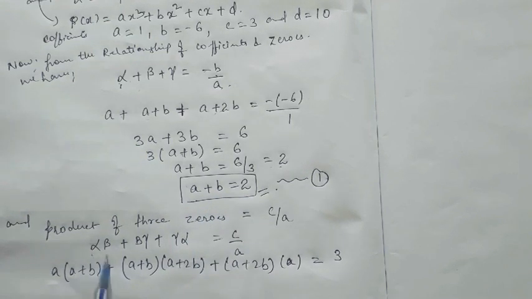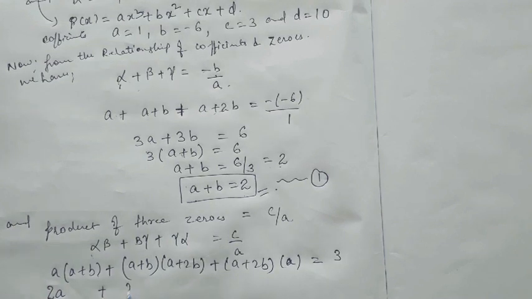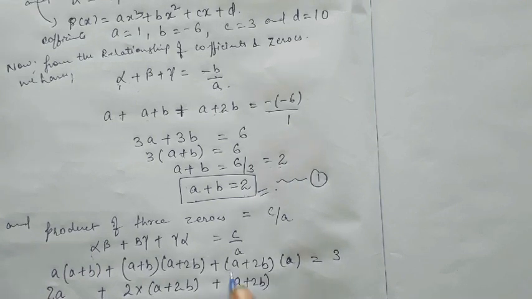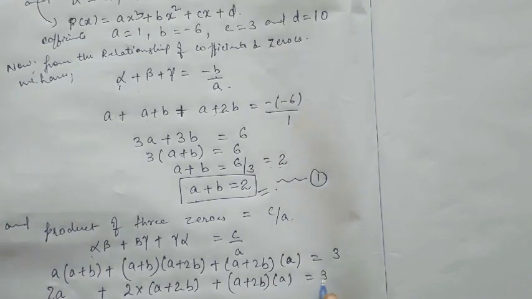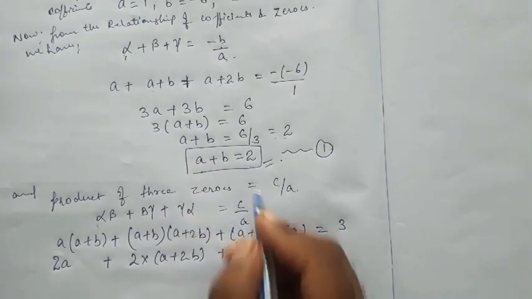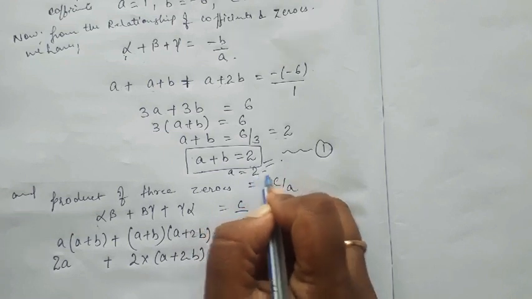So now, as we know that a plus b is equal to 2, we can substitute the value of this here, and we are left with 2a plus 2 into a plus 2b plus a plus 2b into a is equal to 3. Now we can substitute the value of a from here, that is a is equal to 2 minus b.